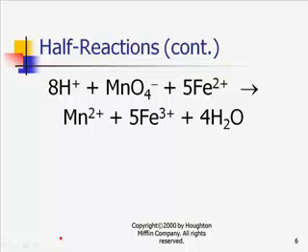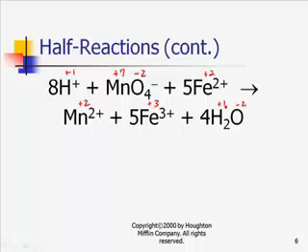And so we're going to use our rules for assigning oxidation numbers, and again, those are back in Chapter 4 of your text. But here we have the hydrogen, there is a +1, the oxygen's a -2, which makes the manganese a +7, +2 on the iron, +2, manganese +3, and then a -2 and a +1.